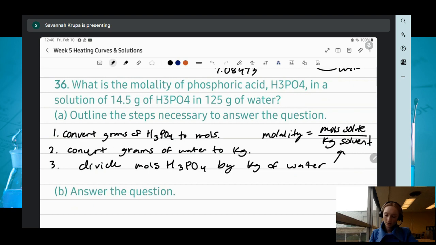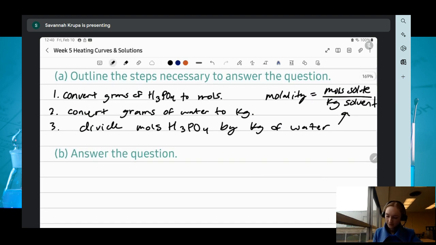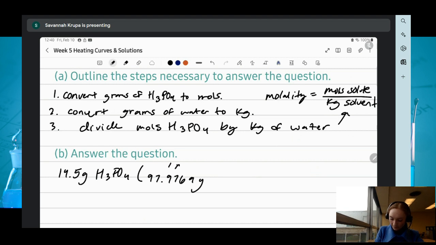So now let's actually solve all of that out. And so just as we did before with finding grams to moles, we have 14.5 grams to start with. Using the molar mass, it's 97.9769 grams per 1 mole. And we'll be left with moles.